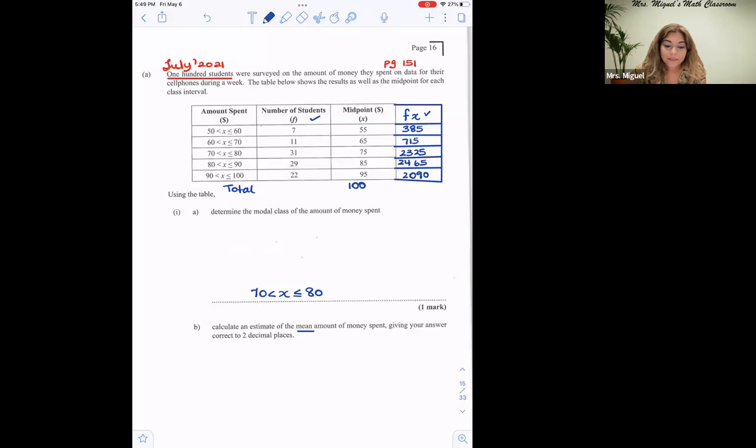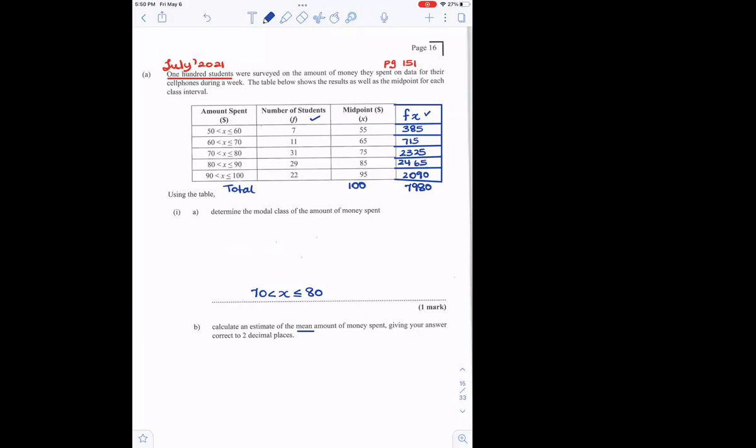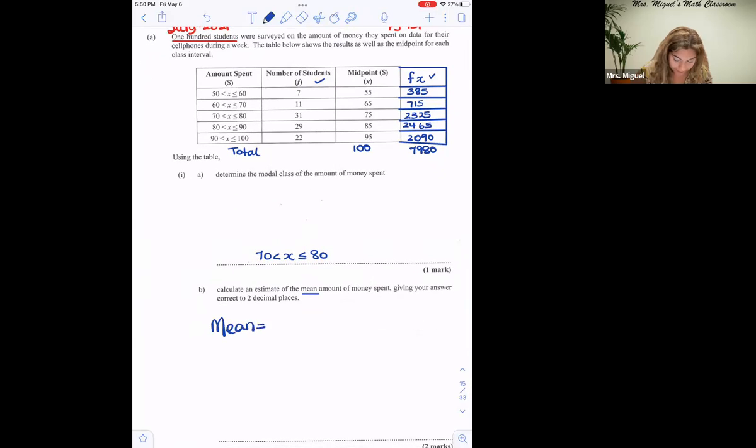I got 7,980. Did anybody get that? Yes, miss. So remember the formula for mean: the sum of f x divided by the sum of f. Work it out.